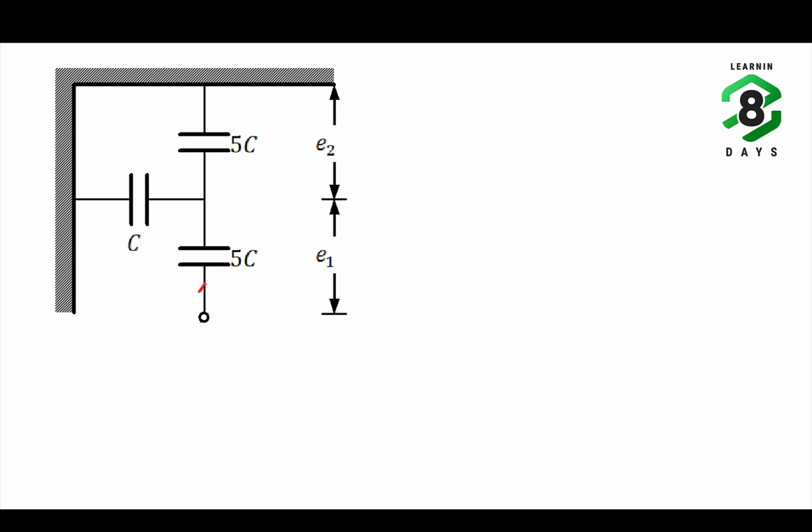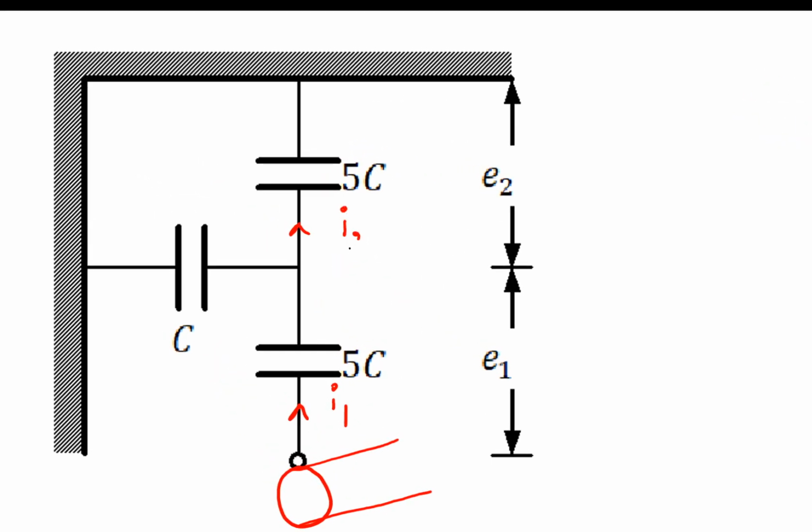Assume the current flowing through the first disc that is connected to the conductor be I1. The current flowing through the second disc that is connected to the cross arm be I2, and let the current flowing through the capacitance C be IC1.